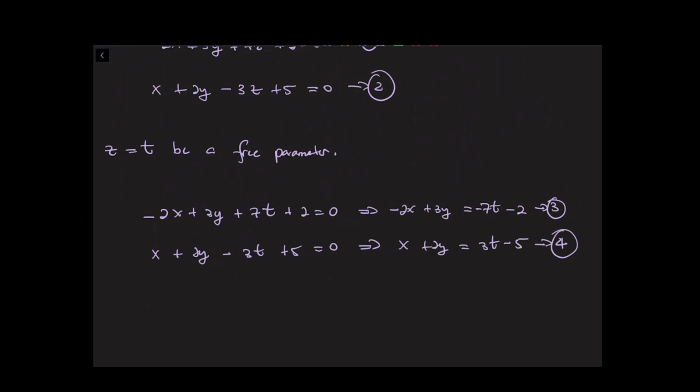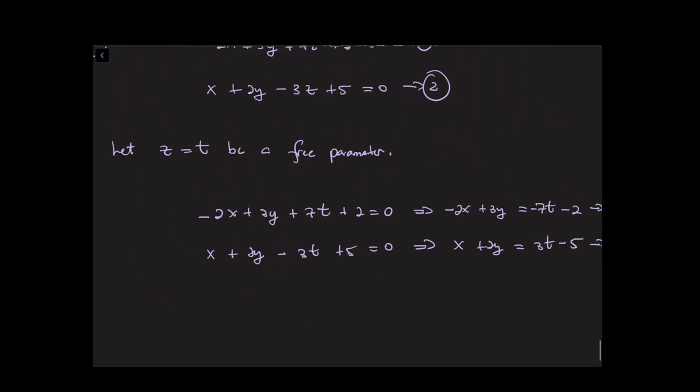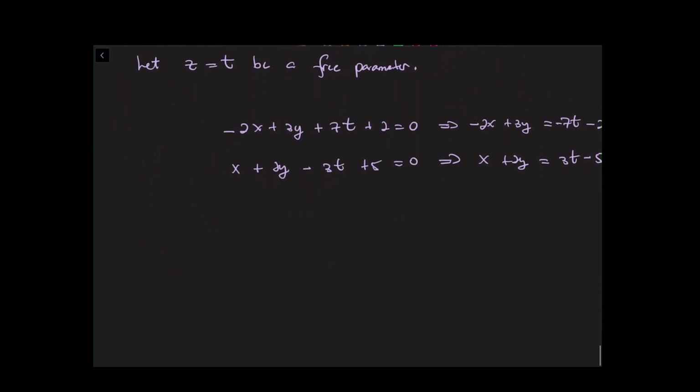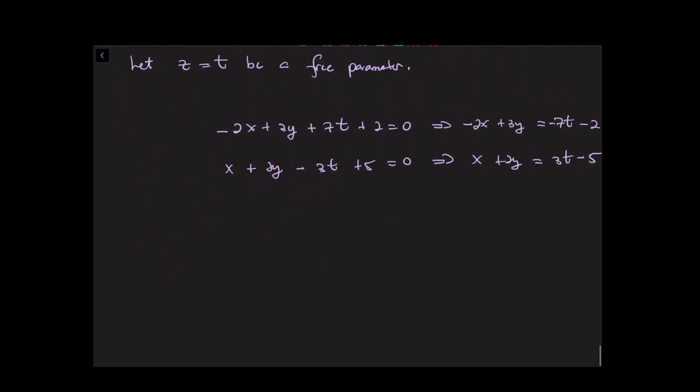We could maybe take equation 4 and multiply by 2 and then add the two equations and eliminate. That's okay, but I already have x in equation 4. So maybe it's a good idea, just for the sake of time, to take equation 4 and make x the subject of the formula and then substitute it back into equation 3.